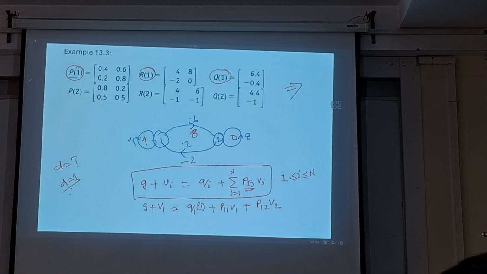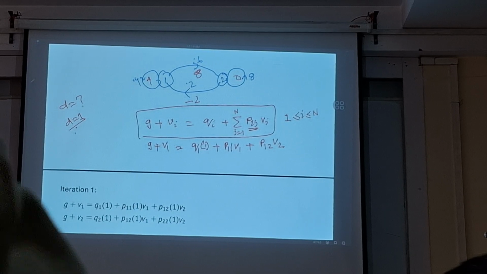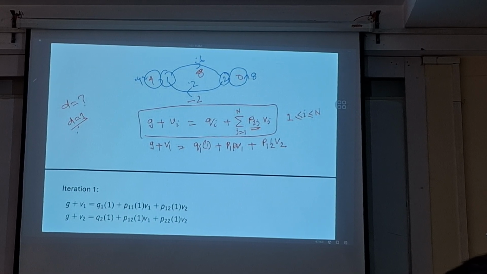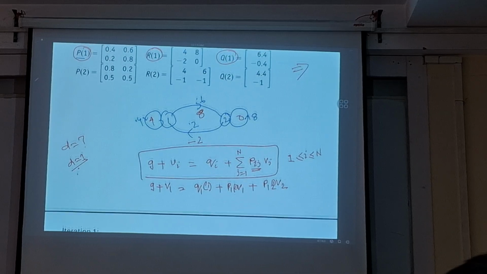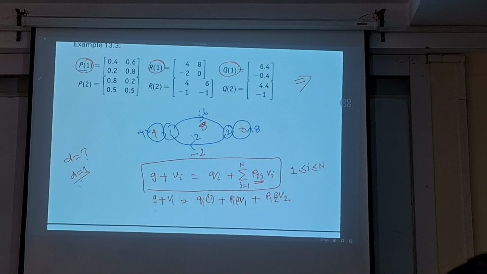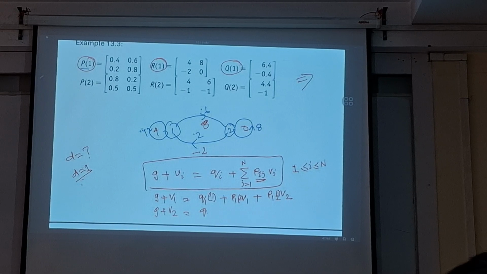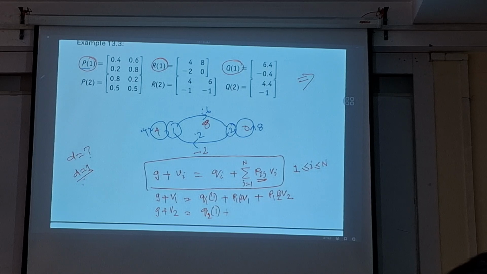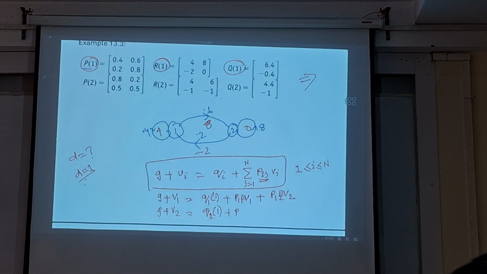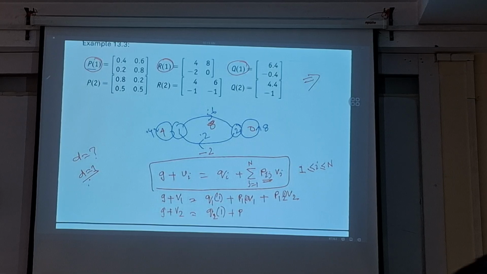So we understand this one. The same thing is written here, and i means the policies. What will be the second equation? The second equation will be for g plus v2 equal to p1. Sorry, p1 plus e, since j is equal to 2, i is equal to 2.